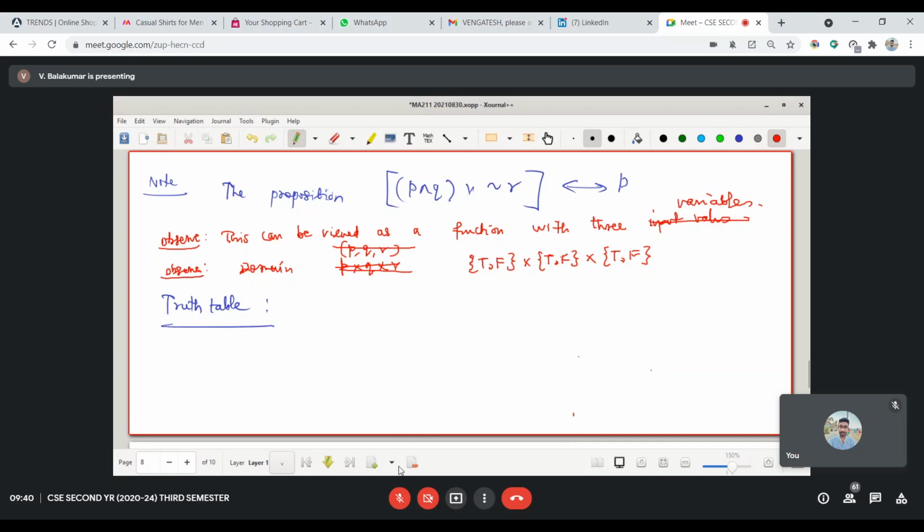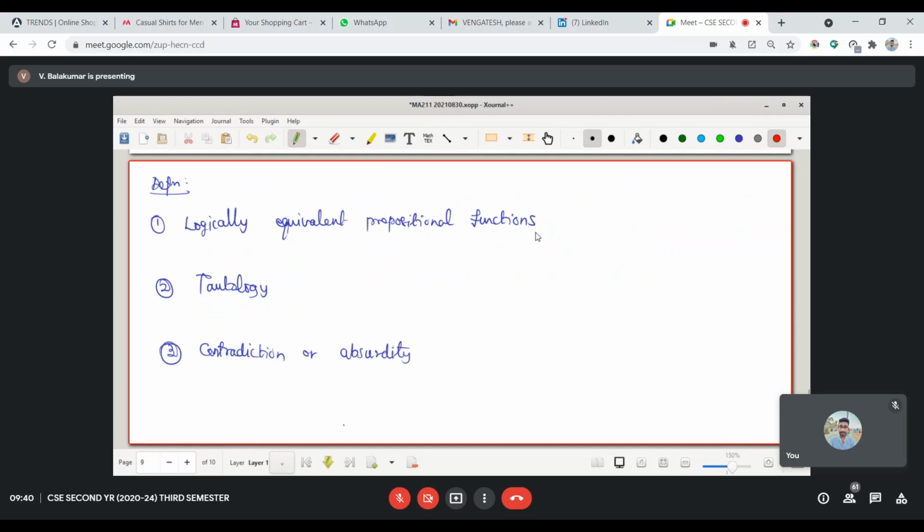Or according to this, function definitions will be the same. Logically equivalent propositional functions: you are giving me 2 propositional functions separately, but I see that they have the same truth table, or exactly the same function definition. Then I call them logically equivalent. How do I verify? Either I should have the function definition for all the terms, or I should check using a truth table.